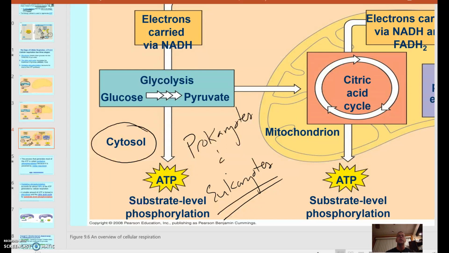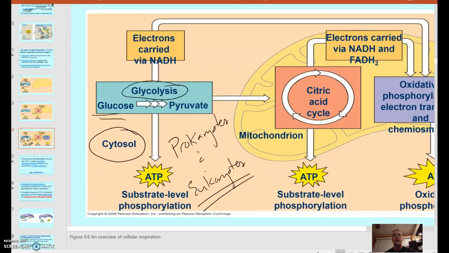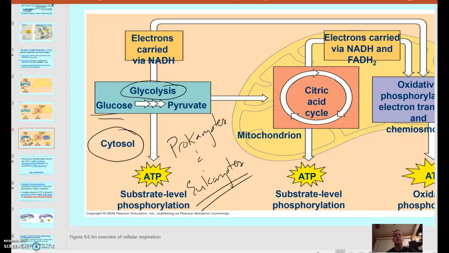So basically, what we're going to find is we're going to have an investment of glucose and some other things into the glycolysis process. And in the process of breaking down the glucose through redox, we are going to be able to produce some NADH, and that's because of redox.